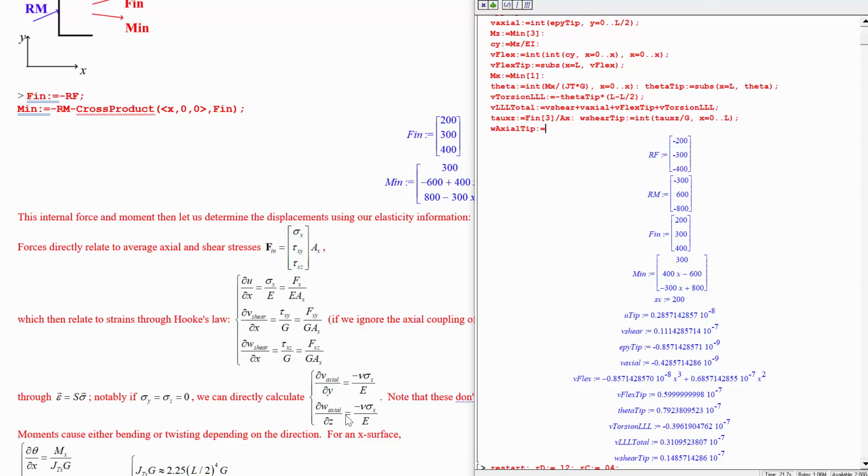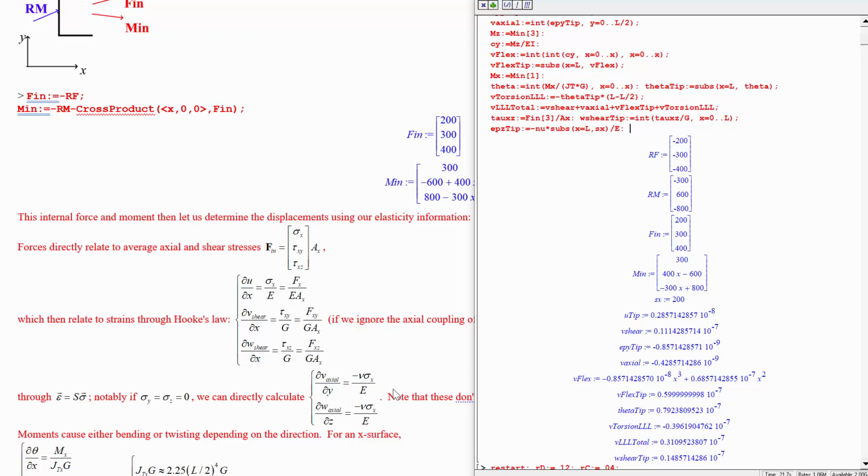Next up, we've got W axial at the tip, which is going to be, let's see. So we have this thing. Let's again figure out epsilon in Z at the tip, and that'll be negative nu times sigma x at the tip divided by E, but sigma x is just a constant all the way along, so we've already got that evaluated at the tip. We don't really need to say sub x equals L into Sx, but let's just go for it.